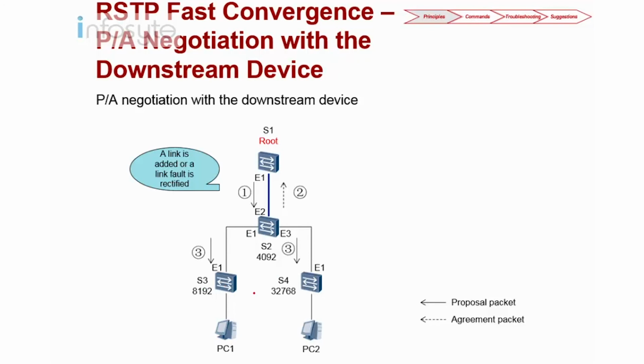Now if S3 and S4 don't have any better cost or any better priority, they are going to agree on the proposal by sending the agreement back toward the root. So now the whole topology is agreed that this is my reference point, which is my root. Now the proposal and agreement will make the convergence faster, and in theory this will be in a second or sub-second.